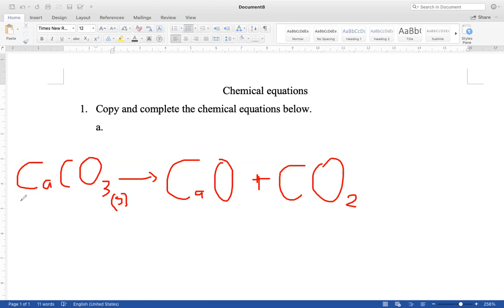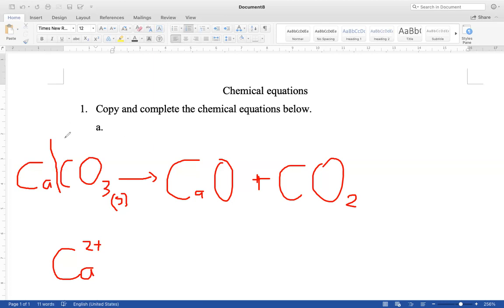So this calcium, when separated from the compound, will be positively charged.